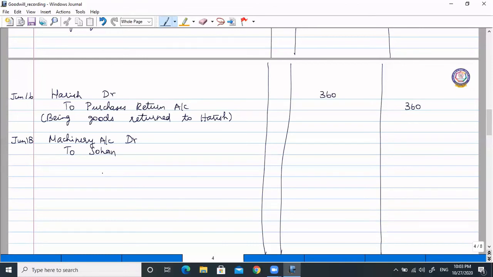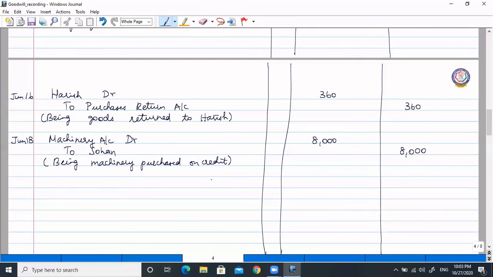So our creditor is increasing. So credit the creditor account. Amount is rupees 8,000. Okay. Being machinery purchased on credit. Okay.